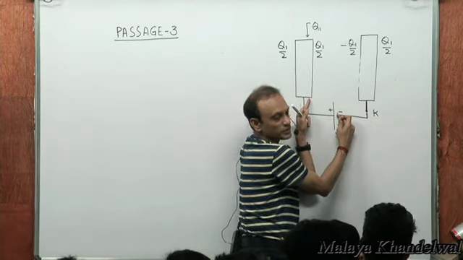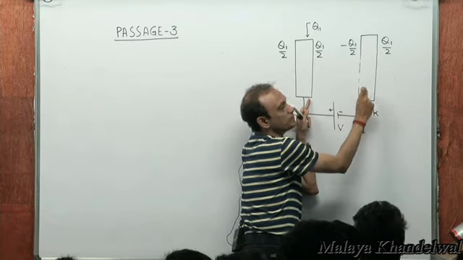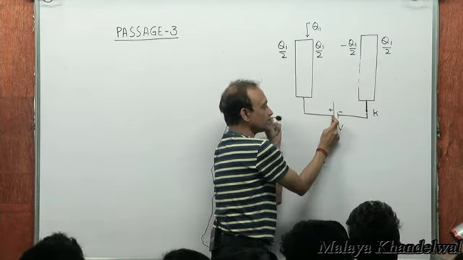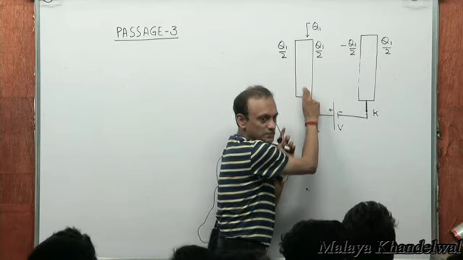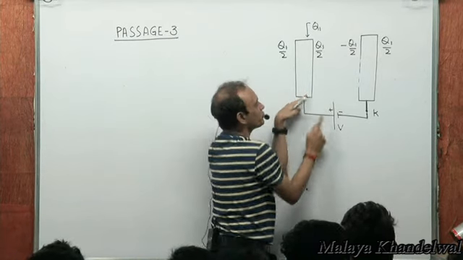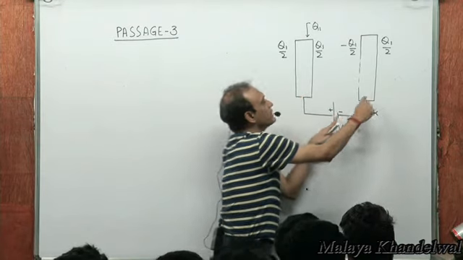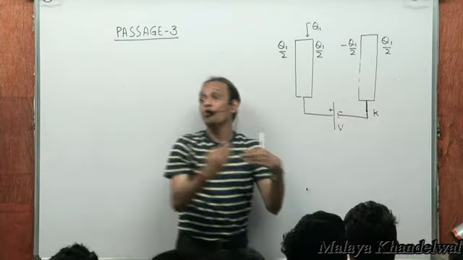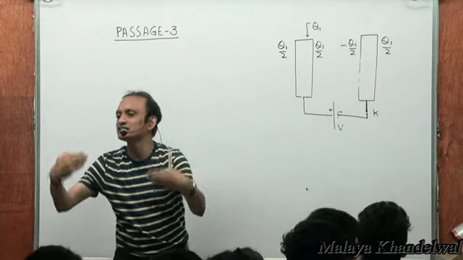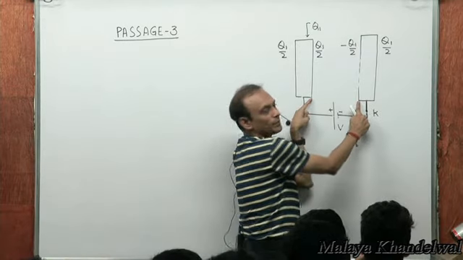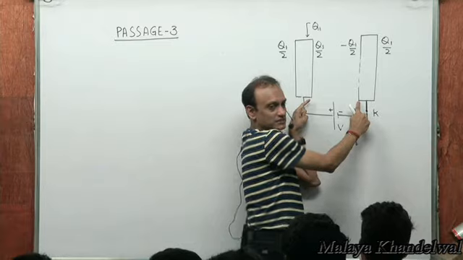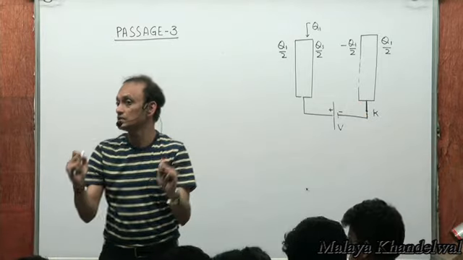Eventually, this terminal of the battery will arrive at the same potential as this plate, and this terminal will arrive at the same potential as this plate, and there would be no further flow of charge between this terminal and this plate, and this terminal and this plate. So what is my steady state here? Steady state is about potential V dropping across the plates of the capacitor.